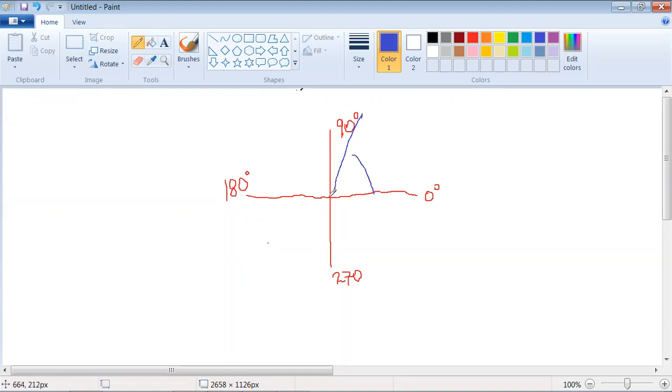If the line is anywhere more than 90, anywhere around here, it is an obtuse angle.